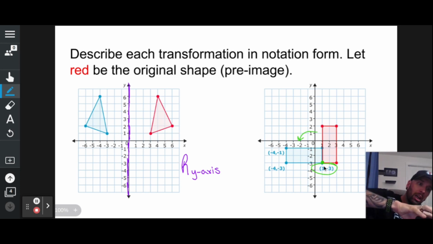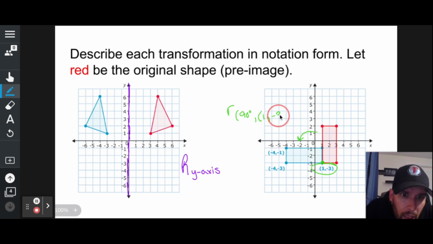So this shape is spinning around 1, -3. So it's a lowercase r. Now, it spins a quarter of a turn, which is 90 degrees. And the point that it spins around is 1, -3.